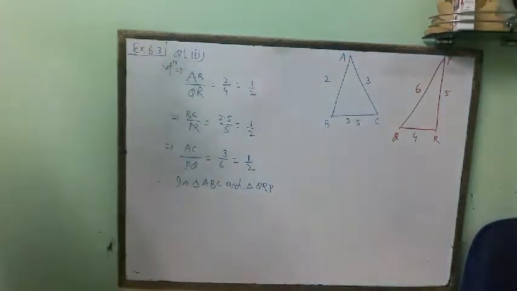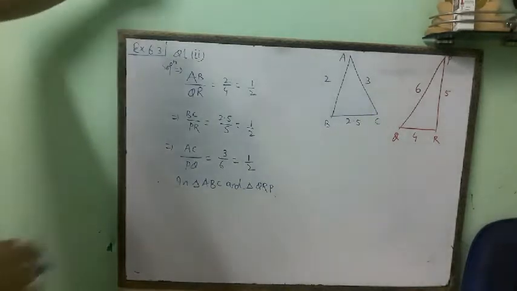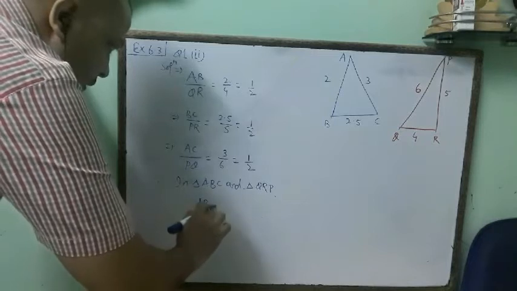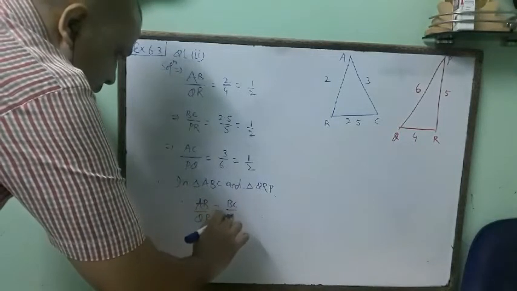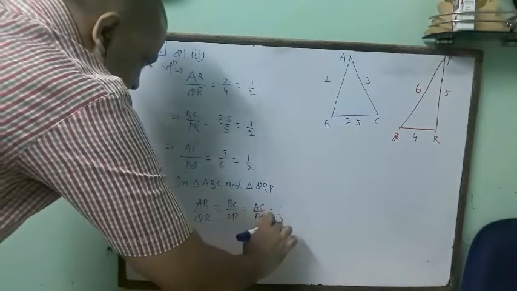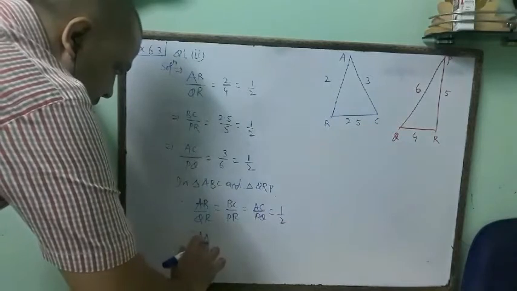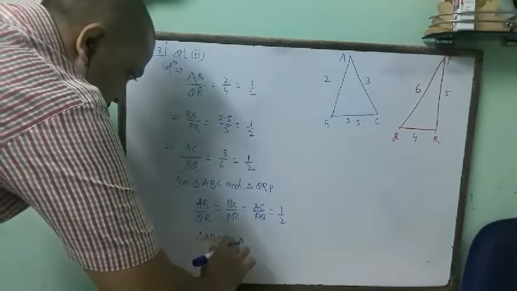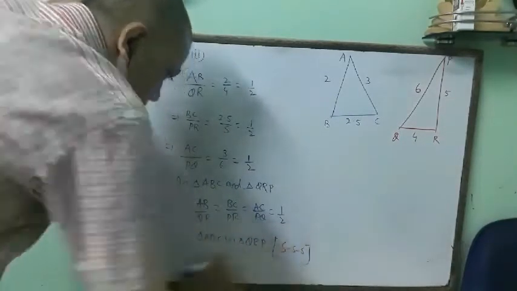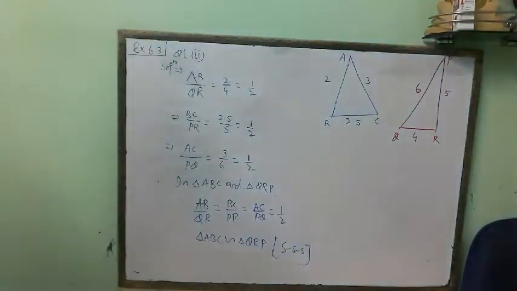This is the naming, so that AB by QR, BC by RP, and AC by PQ. Since AB by QR is equal to BC by PR is equal to AC by PQ is equal to 1 by 2, therefore triangle ABC is similar to triangle QRP, and the criterion is SSS.